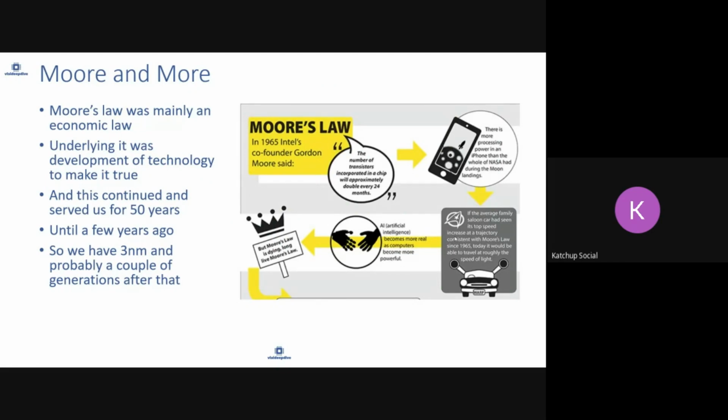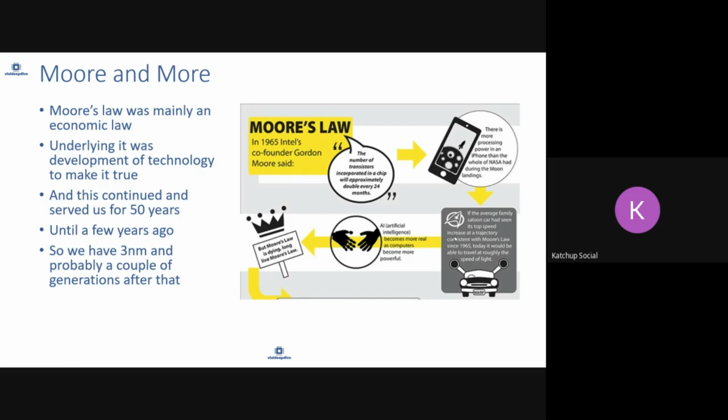It was just a statement, but the technology engineers working on it had to make it true by working very hard. Moore's law continued to serve us, and the number of transistors doubled every couple of years, and this continued for 50 years until a few years ago where it stopped working.